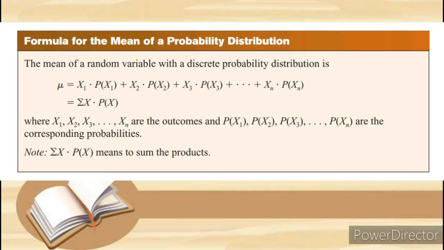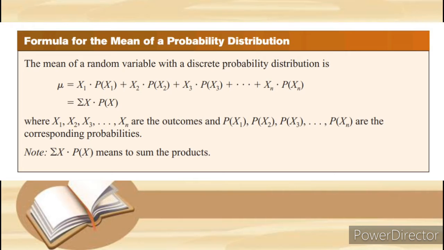Then, the formula for the mean for a probability distribution is: mean is equal to x sub 1 multiplied by p of x sub 1, plus x sub 2 multiplied by p of x sub 2, plus x sub 3 multiplied by p of x sub 3, plus x sub n multiplied by p of x sub n.